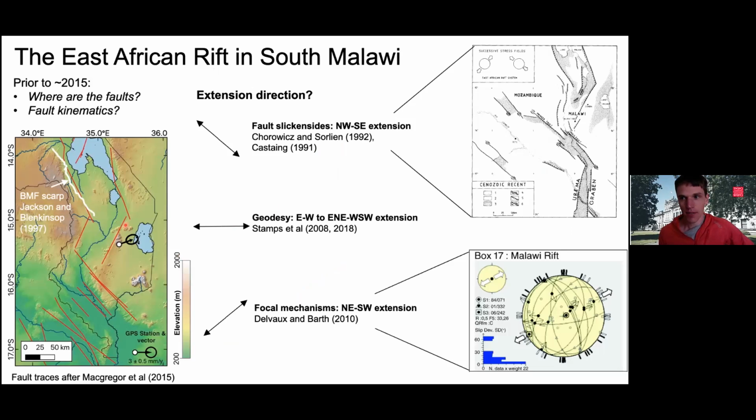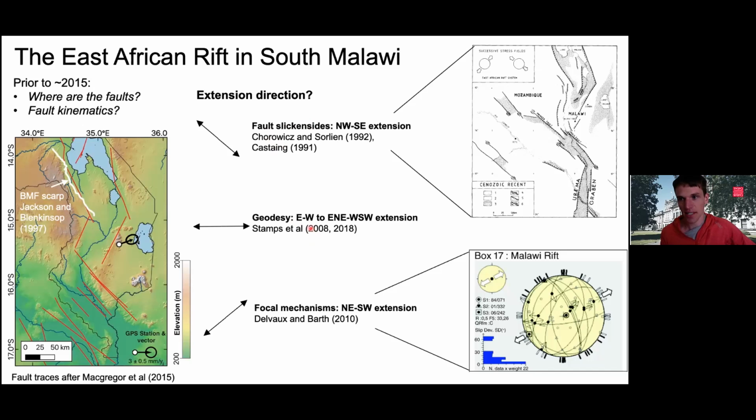So up to a few years ago, very little was known about the East African Rift in southern Malawi. An active fault had been described along the Bilila-Mtakataka fault, but the fault mapping was quite crude, and it was unclear what the extension direction in the rift was. Originally, based on fault slickensides, a northwest-southeast extension direction had been proposed.